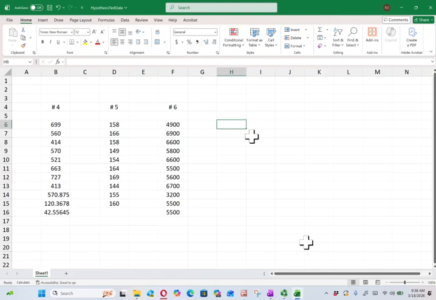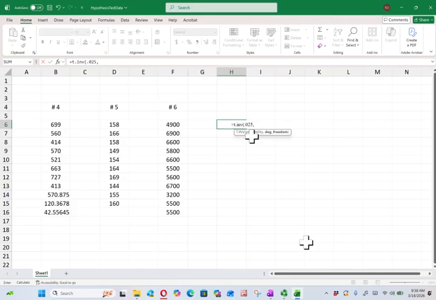Pick a spot. This is the command, equals T.INV. We want to go from a probability to a value. The probability is 0.025, half of 0.05. And then for the t value, we have degrees of freedom. Sample size is 8. What's the degrees of freedom?